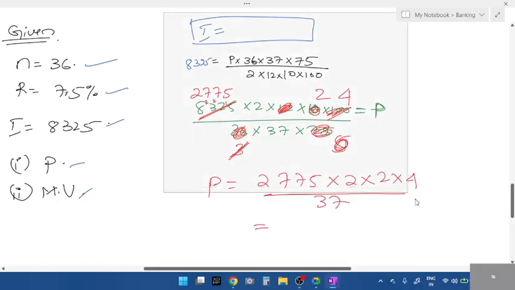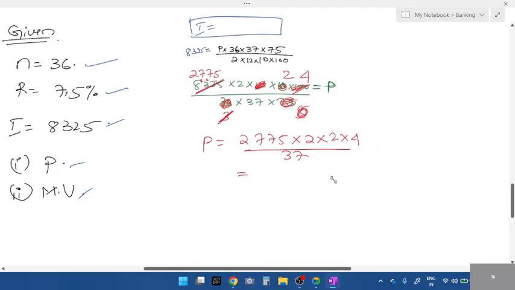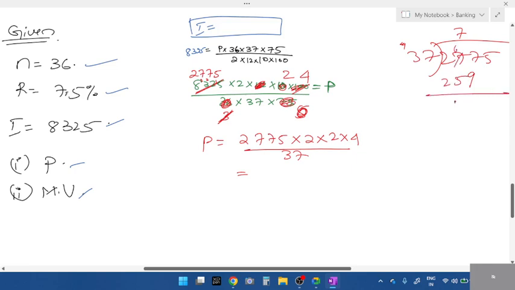Anything left? No, right? 2775 divided by 37. You can use the 7 times table. 7 sevens are 49. 7 threes are 21, 25. So if you carry 1, you get 185.